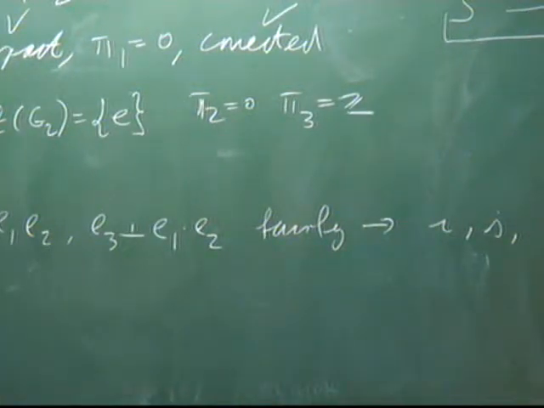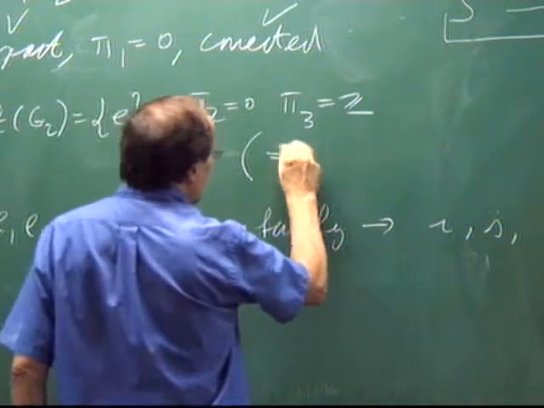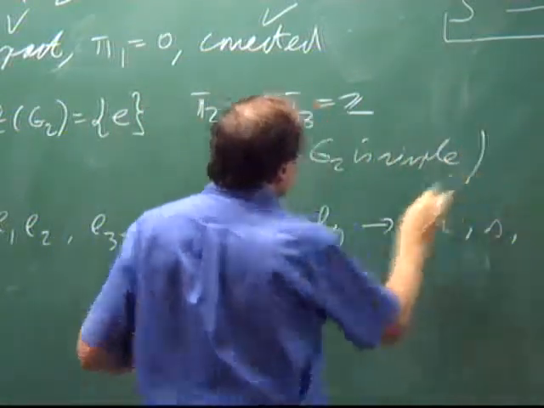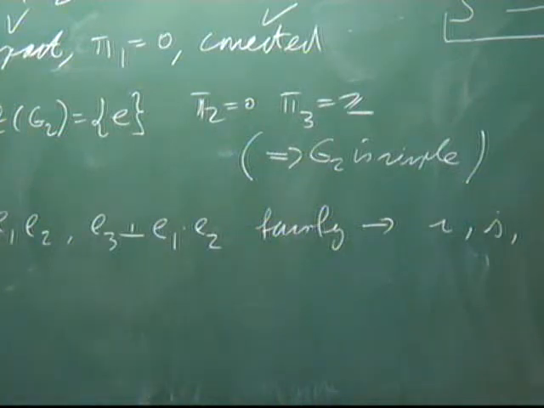In fact, this last fact here, if one knows a little bit more, implies that G2 is simple, which otherwise is not immediately easy to see.